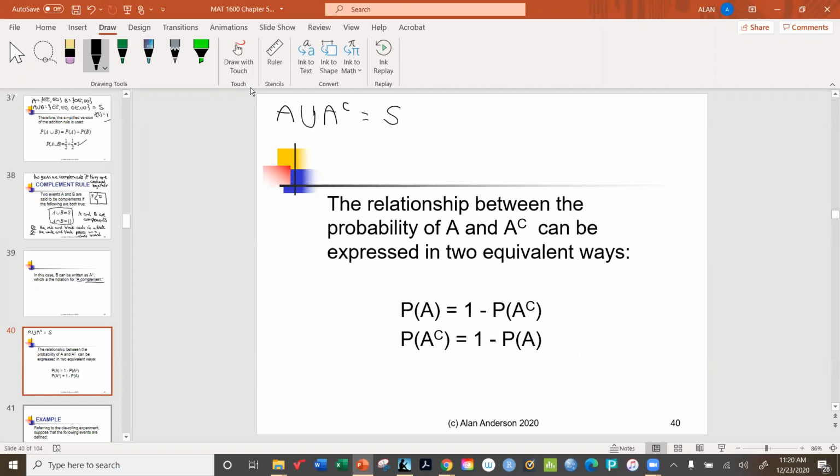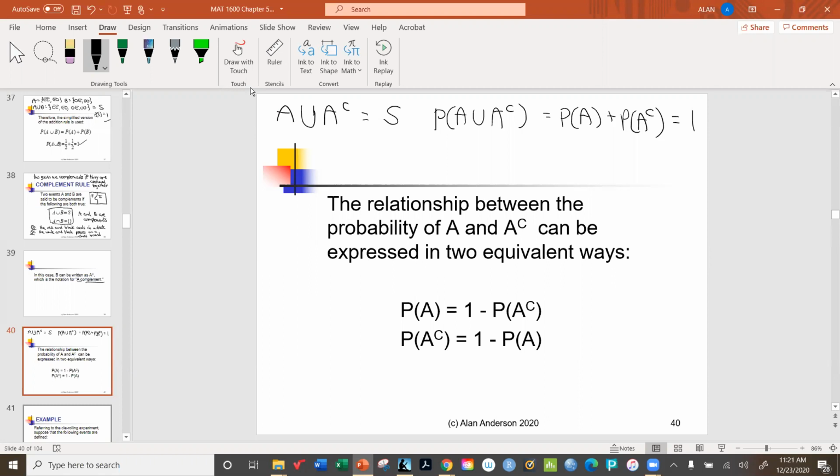And in addition to that, we know that they are mutually exclusive. So what that means then is that I can apply the simplified addition rule, and in addition, because this union is the sample space, this probability is equal to 1.